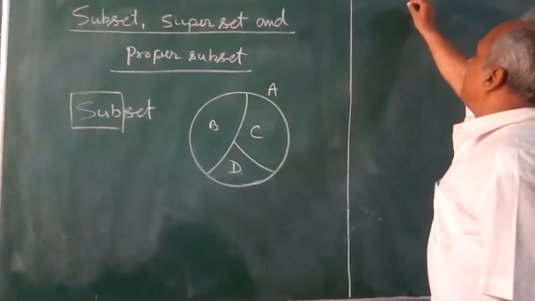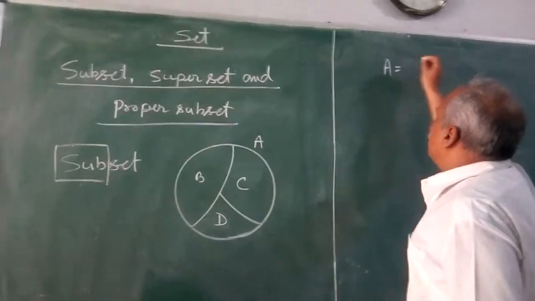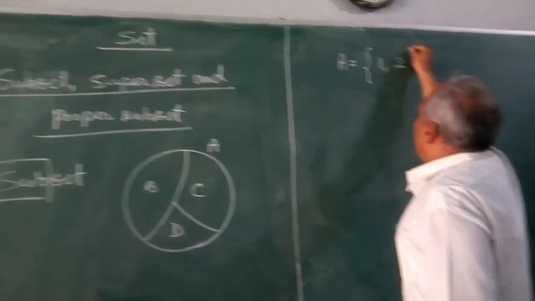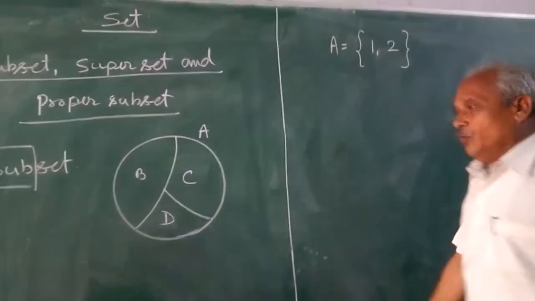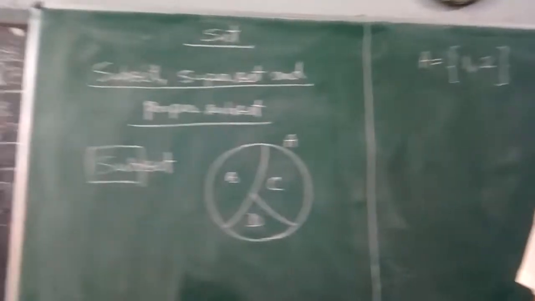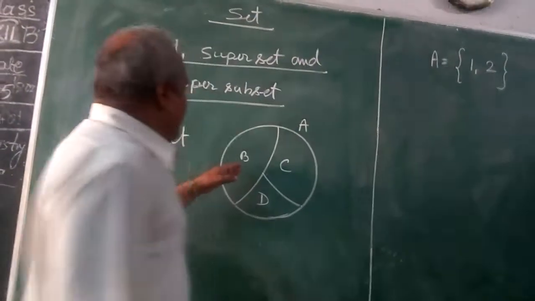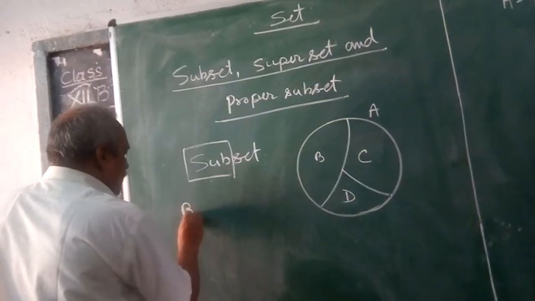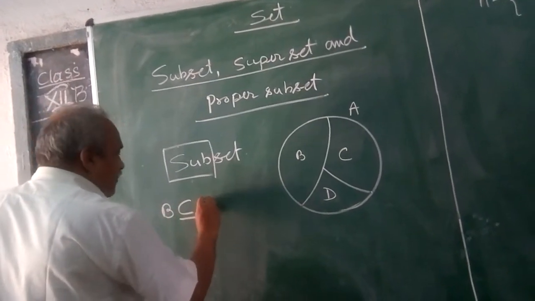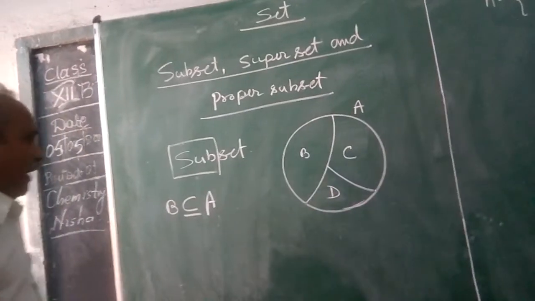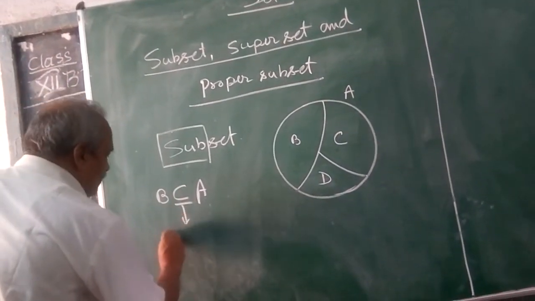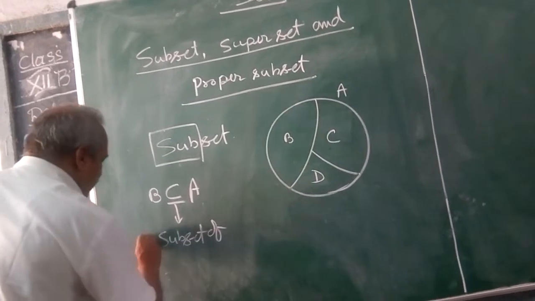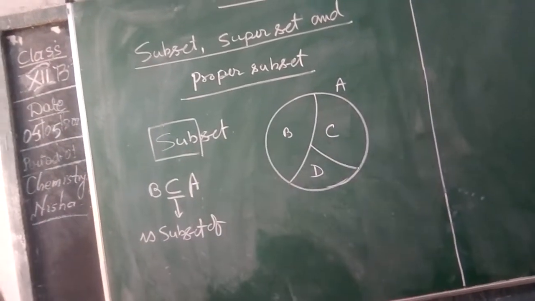Now, I take a mathematical example. Suppose A is a set. It has two elements, 1 and 2. If I say B is a subset of A, symbolically we write it as B ⊆ A. This symbol stands for subset of.